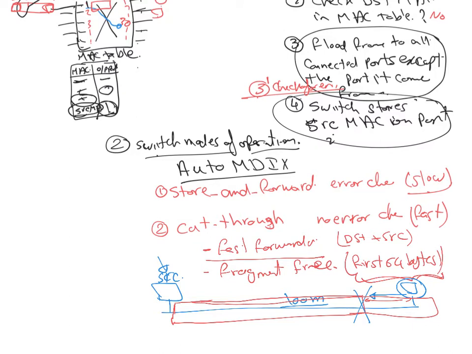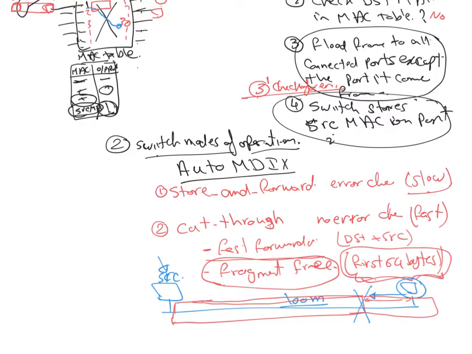In which case, everyone on the line will abstain from transmission, and the probability of collision becomes low. Clear? So fragment free tries to address the trade-off between extreme speed and the possibility of collision, by reading the first 64 bytes of the frame.